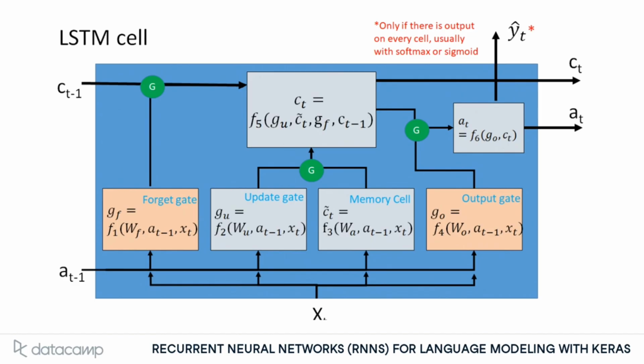The update gate, GU, does the same for the candidate hidden state C tilde. The output gate, GO, does the same for the new hidden state CT. The green circles in the picture represent the gates. We can think of them as an open or closed gate, allowing for the left side to pass through or not, if the gate values are 0 or 1 respectively.